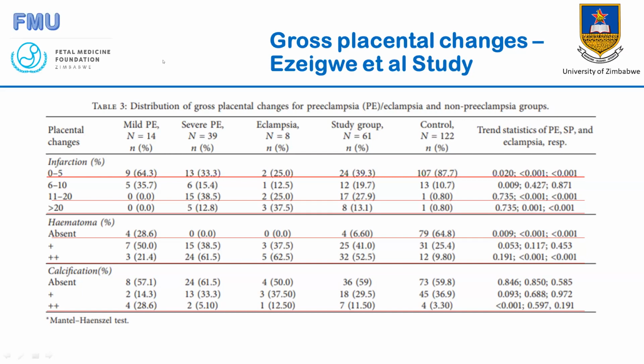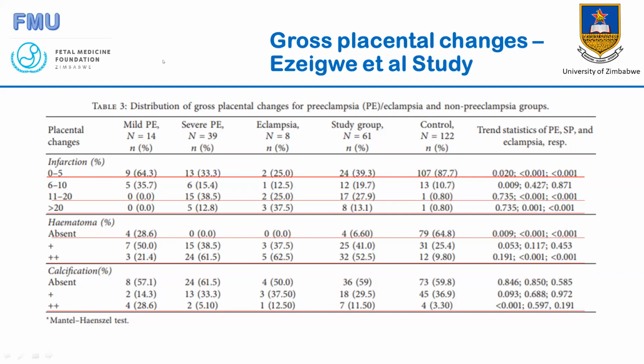So I was now elaborating on the result of the infarction, which if they were between 0 and 5%, they were statistically significant for the mild, severe, as well as the eclampsia, with p-values of 0.02, less than 0.001 for the severe preeclampsia as well as the eclampsia.